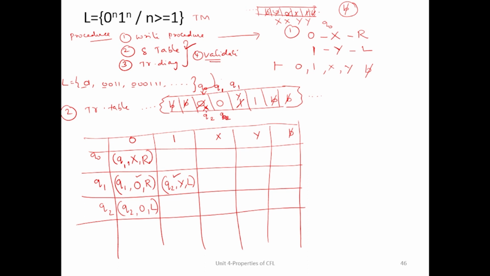Now Q2 reads X. What is the meaning? The first 0 is replaced with X. So I only move to the right direction, and this 0 should be changed to X. So in which state is 0 changed to X?